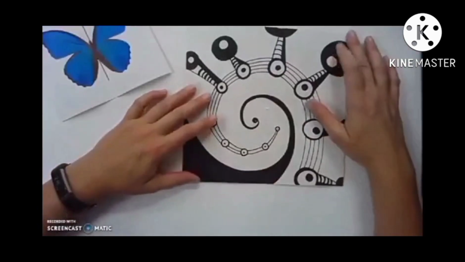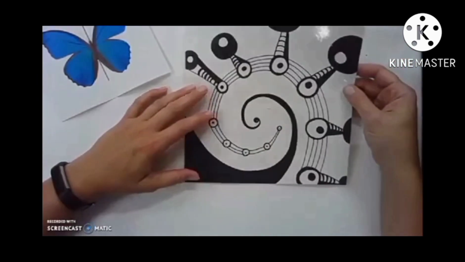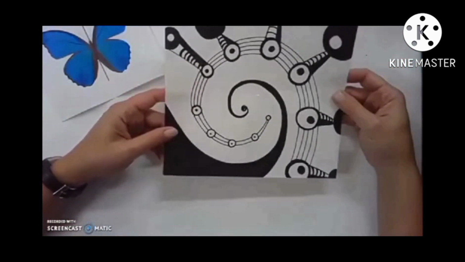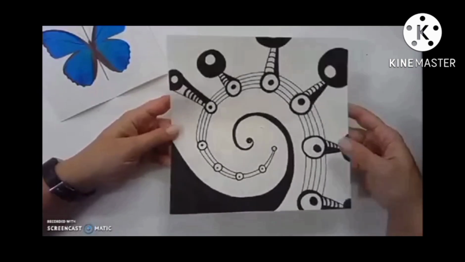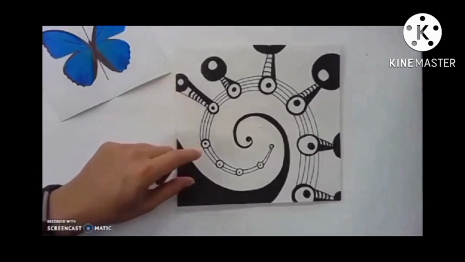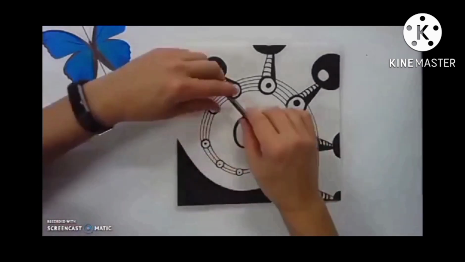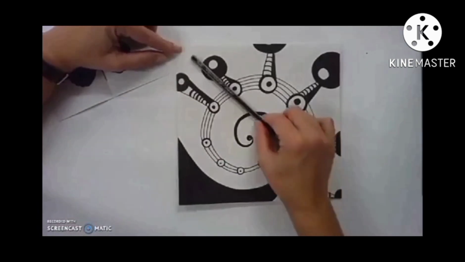So an asymmetrical balance is basically the opposite of that. It's an unequal distribution of balance. So if I looked at this design here, it doesn't matter how we fold this in half. If we folded it in half diagonally from corner to corner here, it's going to be different along that axis.